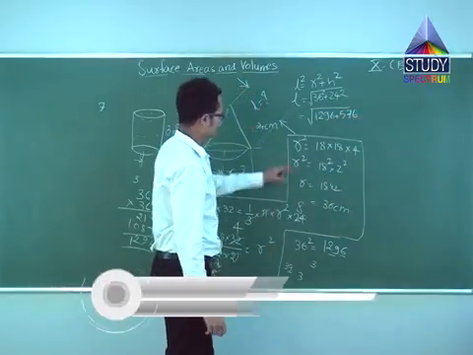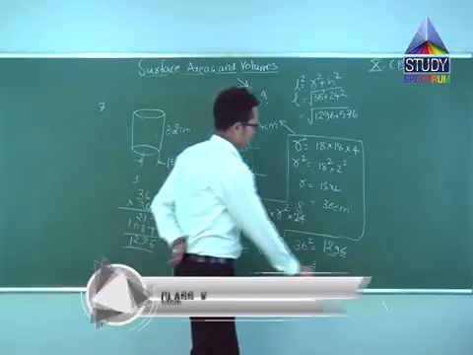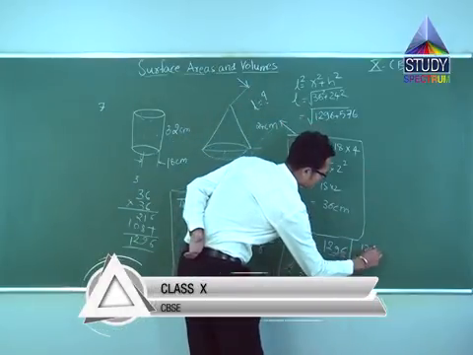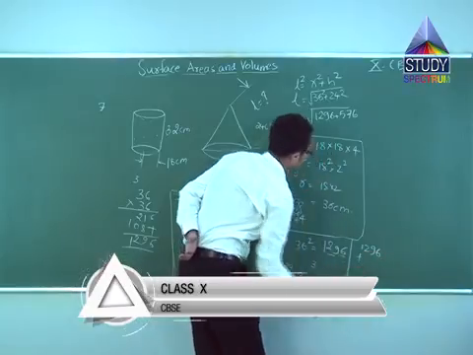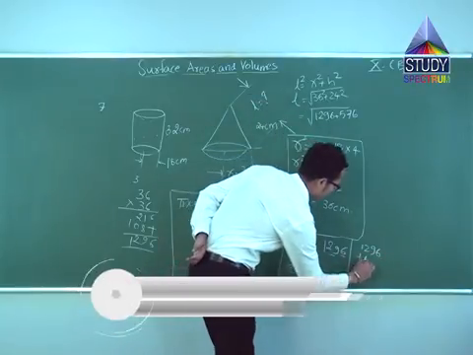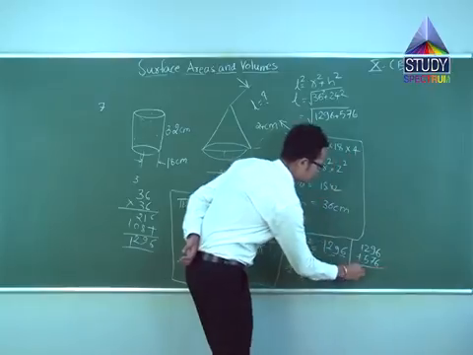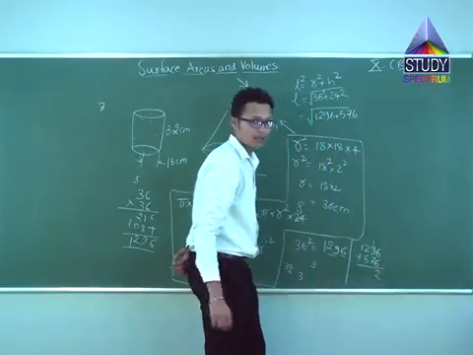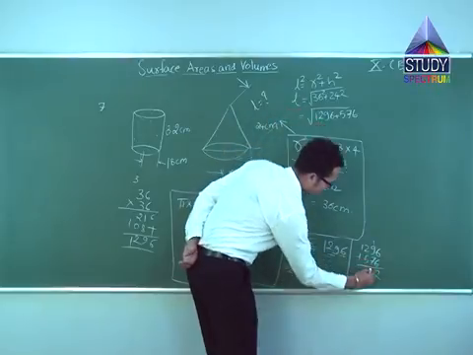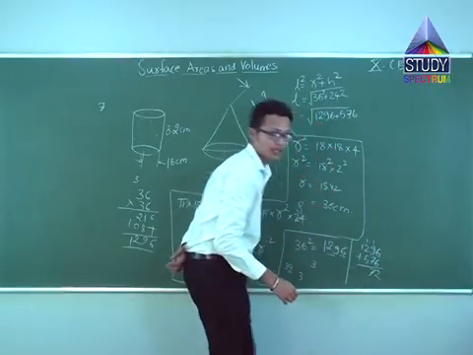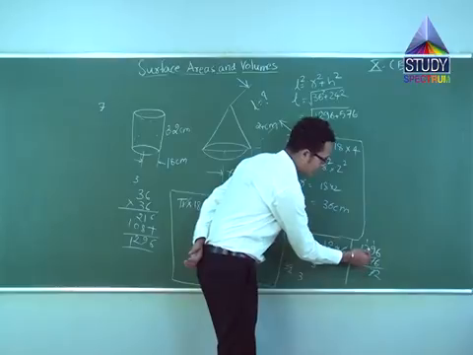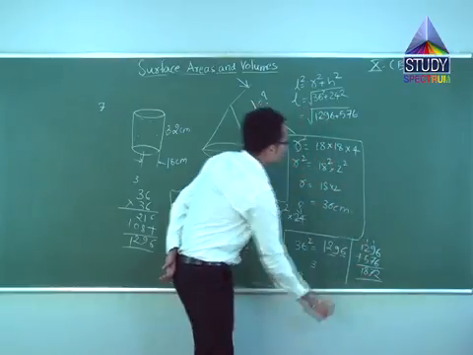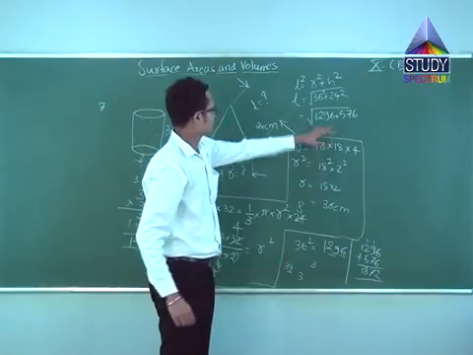Let's add the two numbers. You have 1296 plus 576. 6 plus 6 is 12, carry forward 1. 9 plus 1 is 10, plus 7 is 17, carry forward 1. 5, 6, 7, 8. 1872 is the sum.